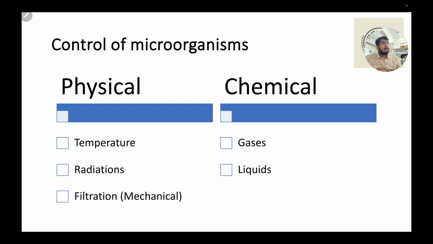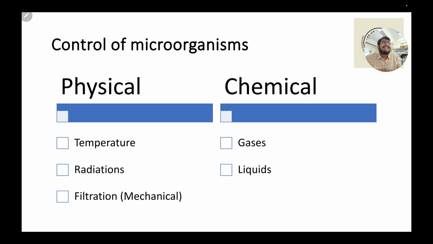Let me tell you that control of microorganisms is a huge arena. There are so many agents available out there, right from alcohol to phenols to quaternary ammonium compounds. But which agent should be used when depends on its application.